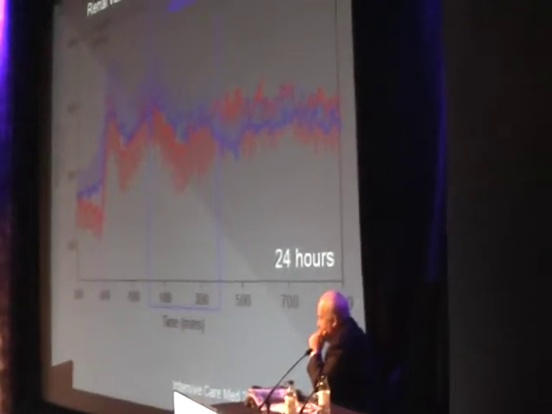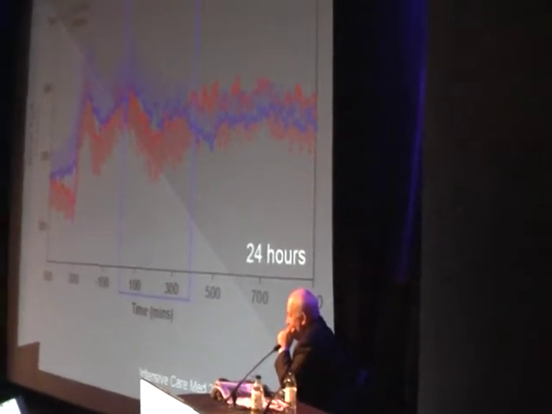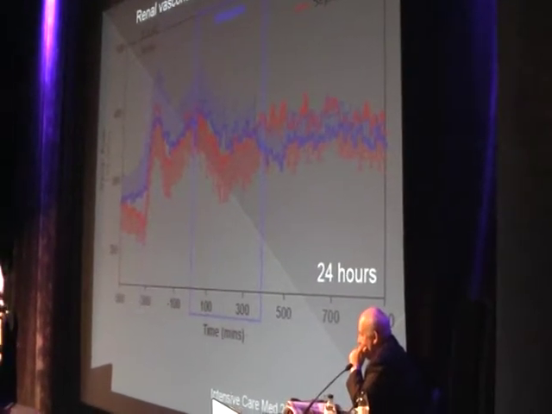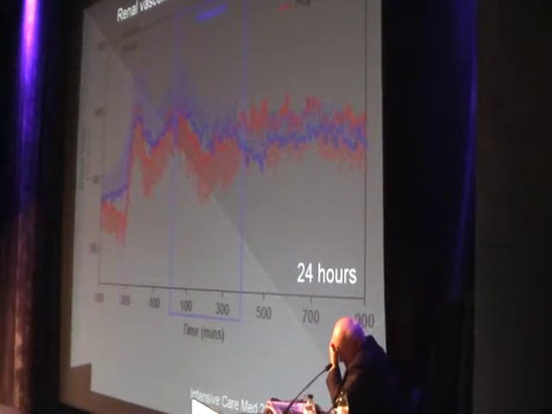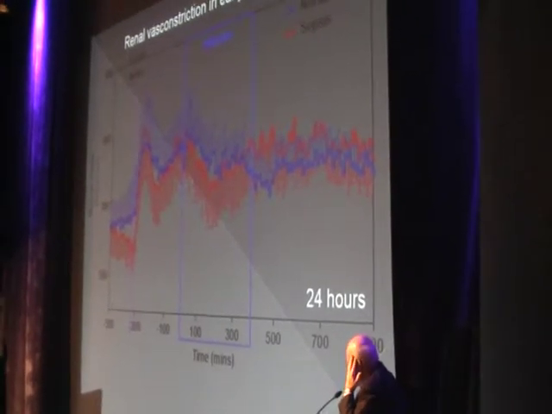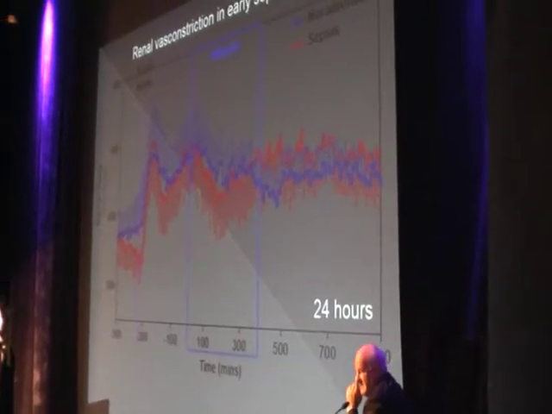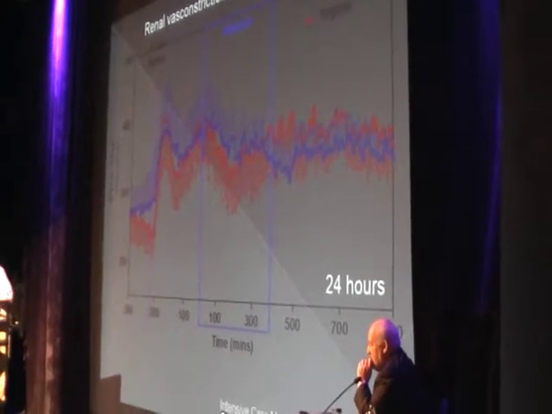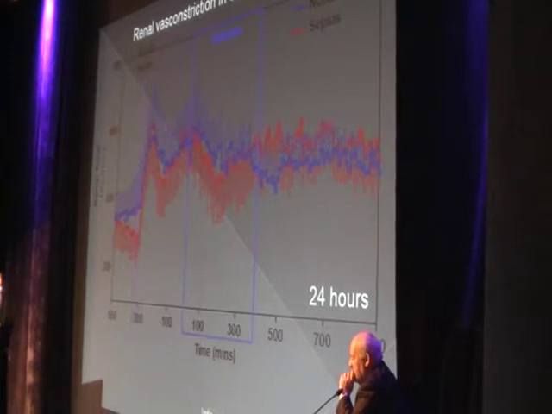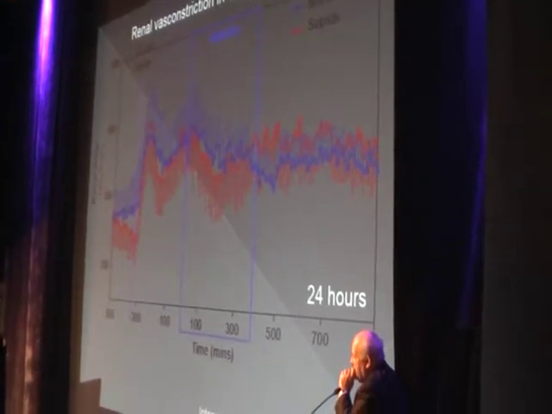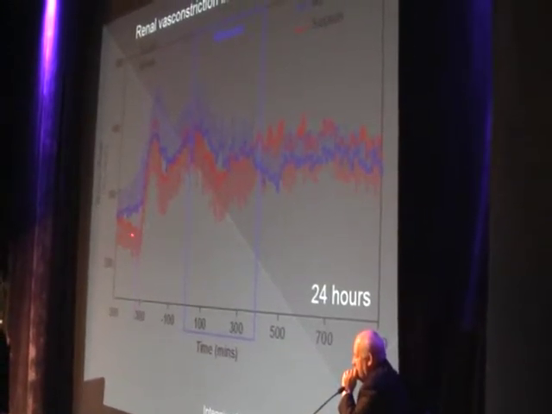The difference, of course, is that in the sheep we can measure renal blood flow every heartbeat. And I'm just representing it with 5-minutely data here. And you can see that whether you give norepinephrine to maintain blood pressure or you give placebo, what happens to global renal blood flow using a renal artery flow probe is an increase in renal blood flow. It's quite dramatic.